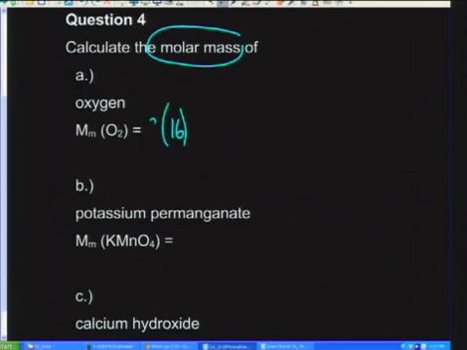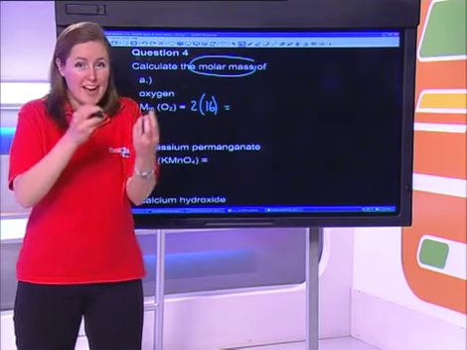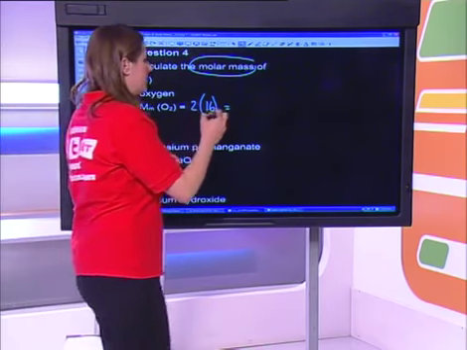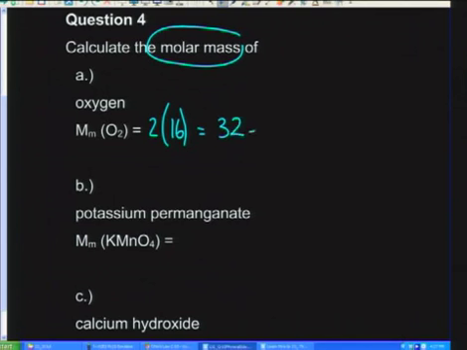So I'm going to put the 2 in front there. Why? Because every oxygen molecule is diatomic. It's got 2 atoms within the molecule. So I've got to multiply by 2, and that's going to be 32 grams in every mole. So, grams per mole.